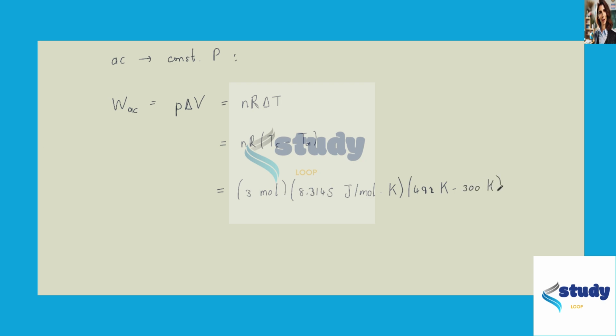So this gives us the work for the process AC to be 4.789 times 10 to the 3 joules. So that's for process AC.